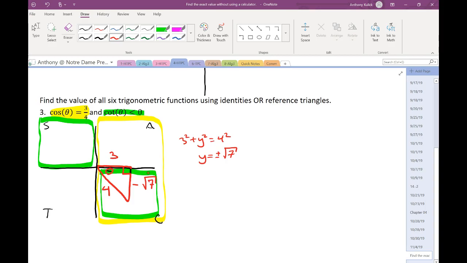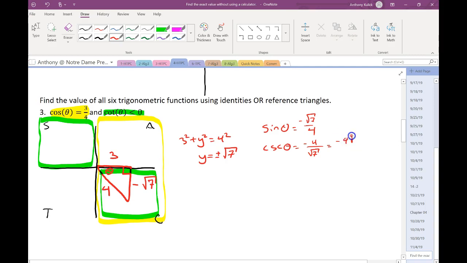Now I have everything I need to write the values for the other 5 trig functions. So sine is opposite over hypotenuse. Cosecant is the reciprocal of sine. And then I'd want to rationalize my denominator there. Secant is the reciprocal of cosine. Cosine we already have. I'm not going to write it down again.